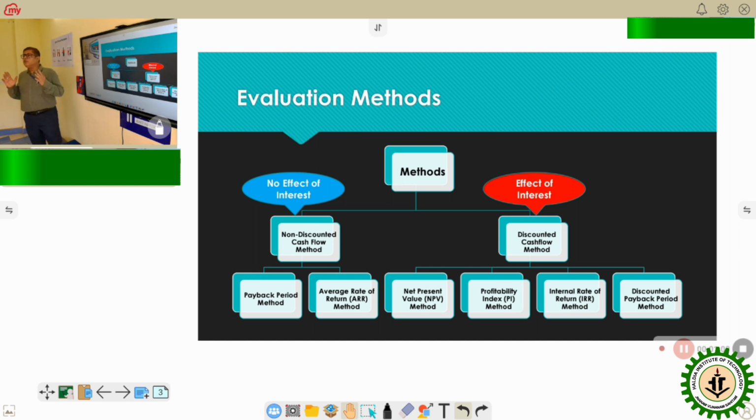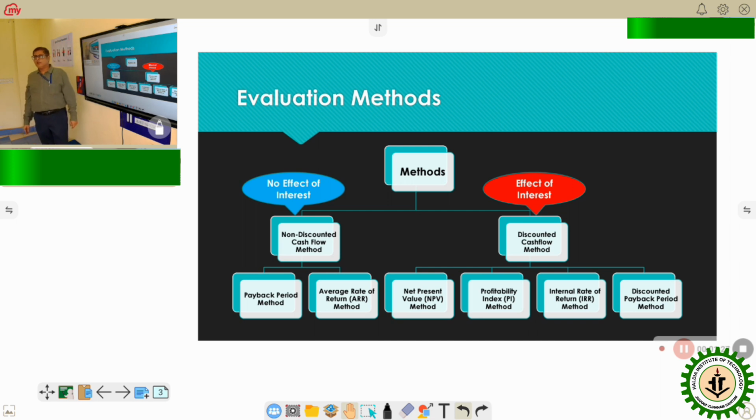When there is no effect of interest, we straightaway say that it is a non-discounted cash flow method. And the methods which we will study under non-discounted cash flow method are payback period and average rate of return, or simply ARR.